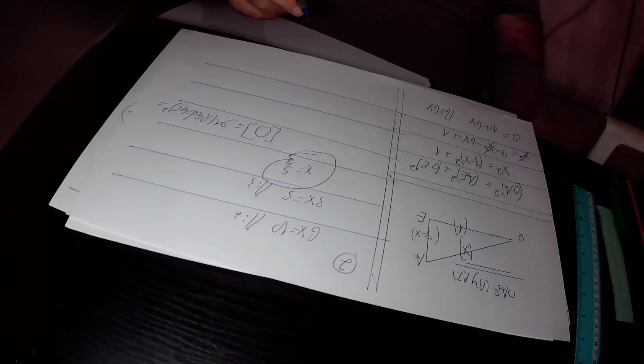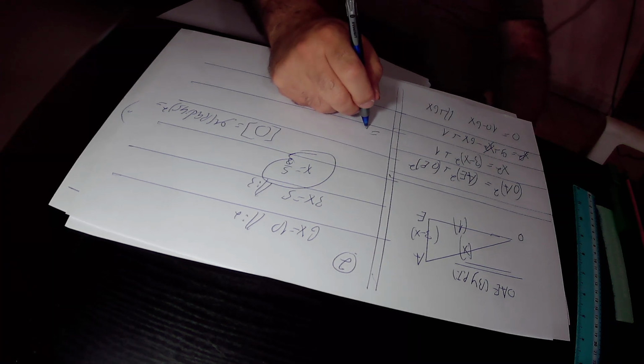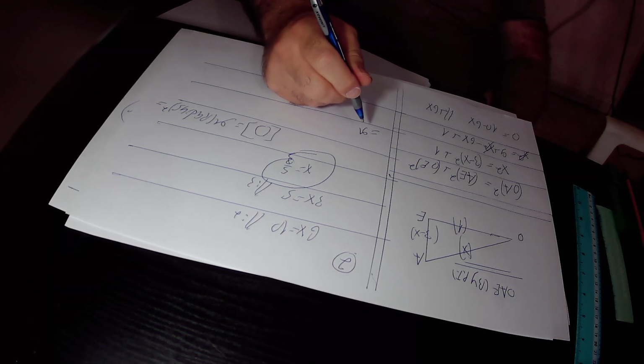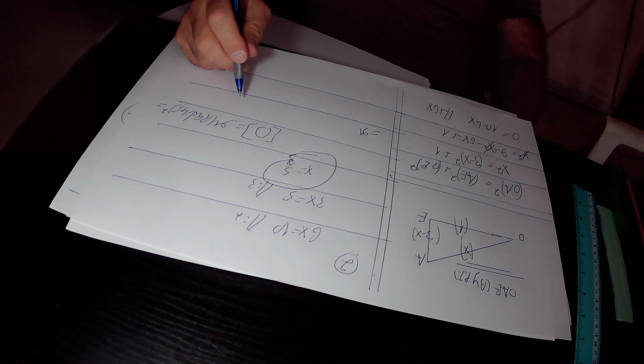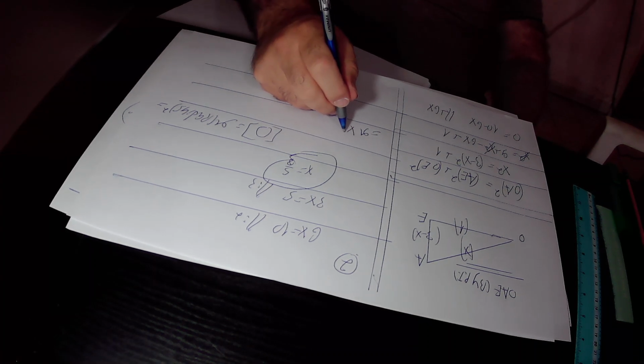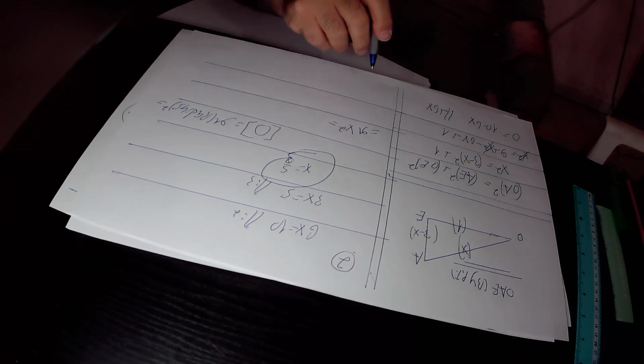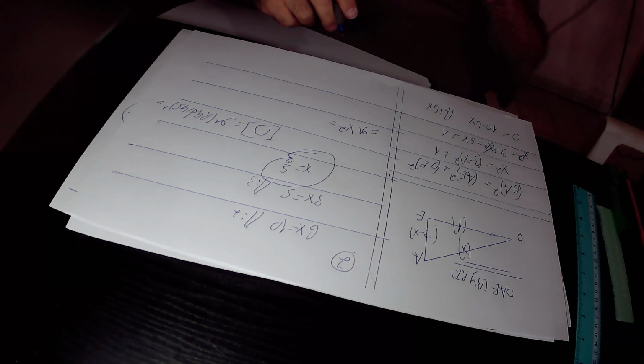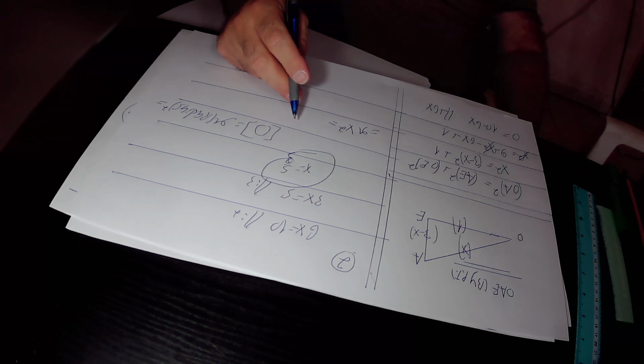Therefore, the area of our circle will be equal to pi times the radius squared. The radius of our circle is x, therefore the radius squared is x squared. So in total, the area of our circle is equal to pi x squared. x is 5 over 3, therefore x squared is (5 over 3) squared.